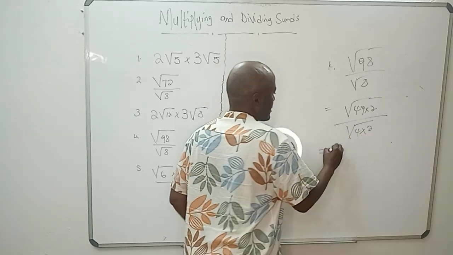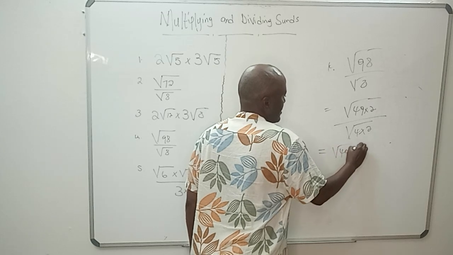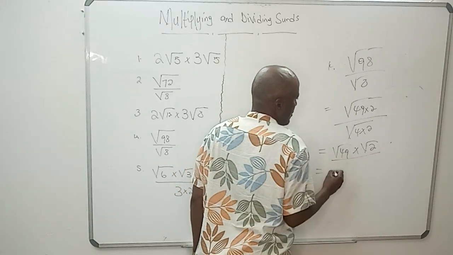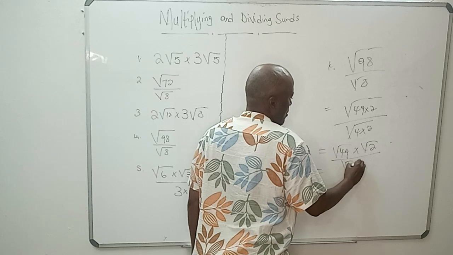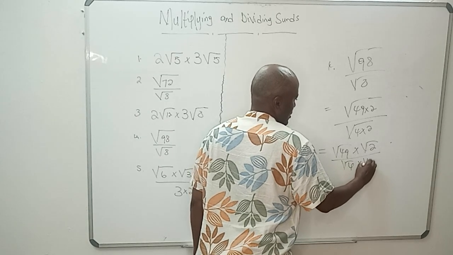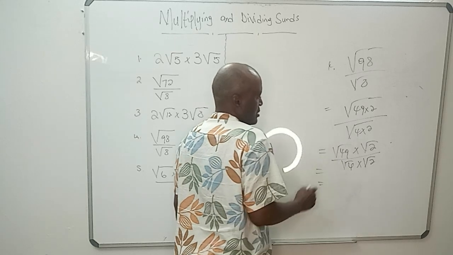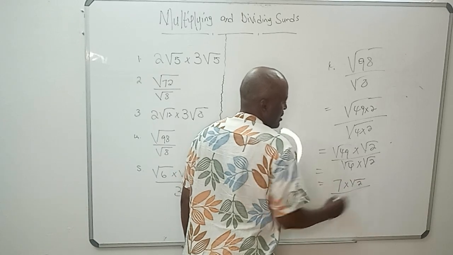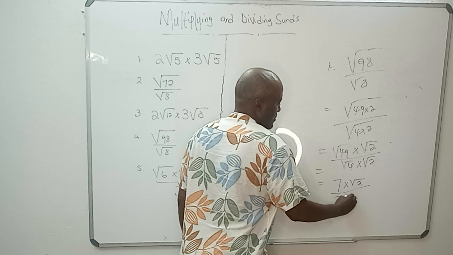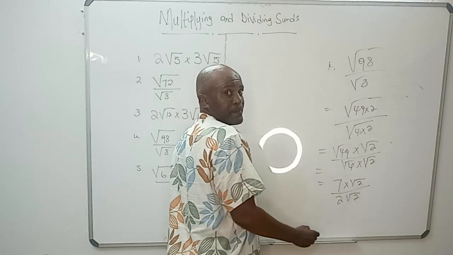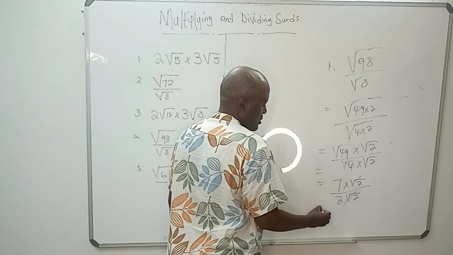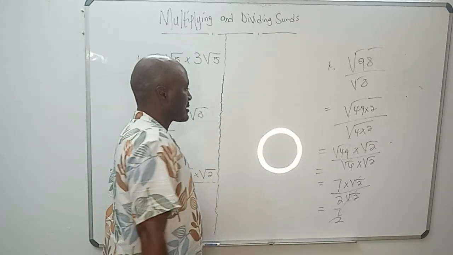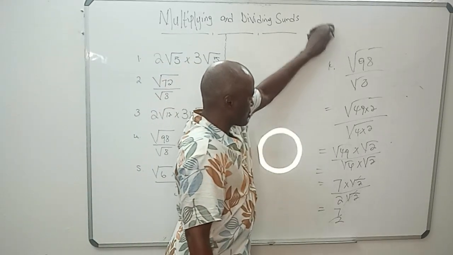And this is the same as the square root of 49 multiplied by the square root of 2, all over the square root of 4 multiplied by the square root of 2. The square root of 49 is 7 multiplied by the square root of 2, over the square root of 4 which is 2 multiplied by the square root of 2. Then the square root of 2 will cancel the square root of 2. We remain with 7 over 2. That is the answer. Then we go to the last one.